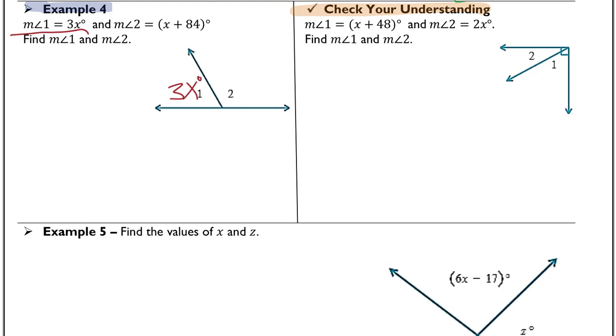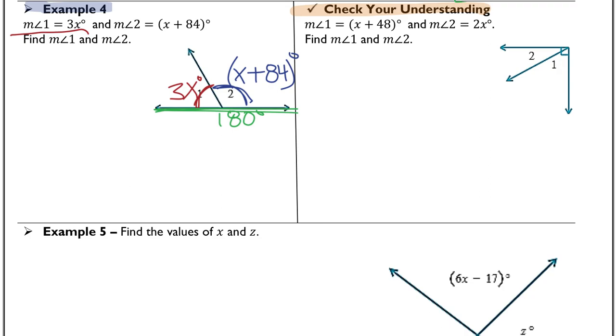We know that the measure of angle 2, let me highlight this right here, is equal to x plus 84, and that's all in degrees. We have to find the measure of angle 1 and the measure of angle 2. The key idea is we know that this is a line, which is 180 degrees. Lines are 180, half of a circle, and circles are 360.